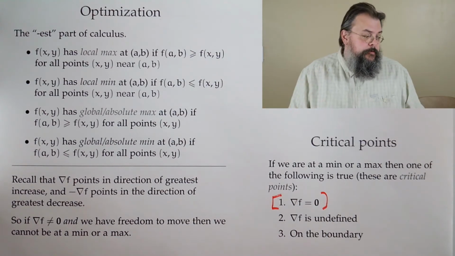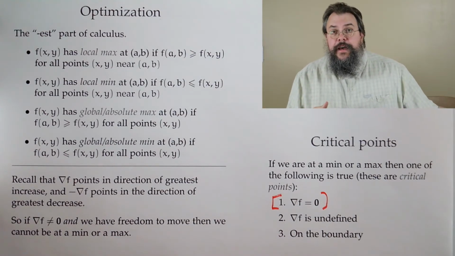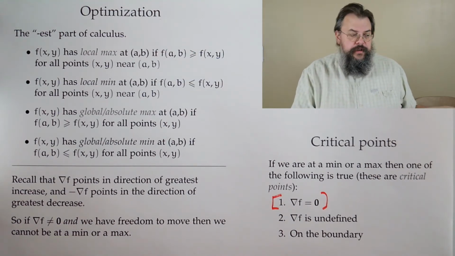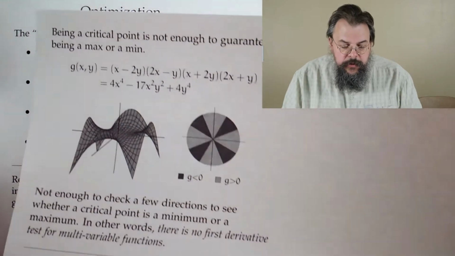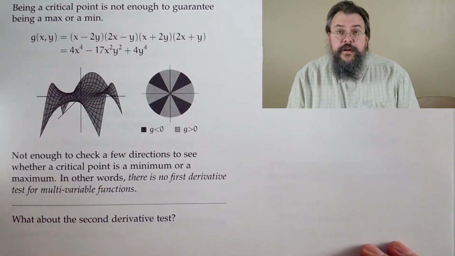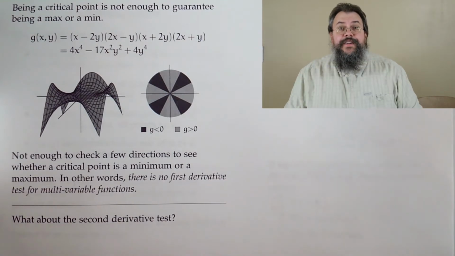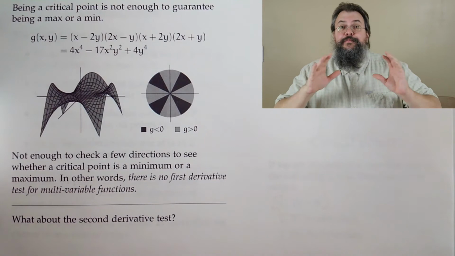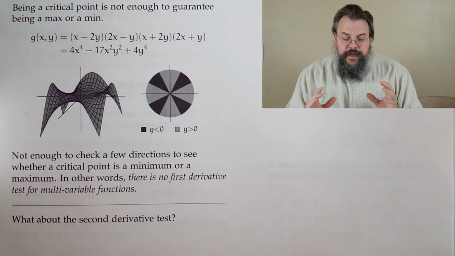We've seen that before. So we started thinking about ways for us to figure out what kind of point it is. And we have to be careful. It turns out that just because you're a critical point, it doesn't mean you're a max or a min. So you can be a critical point, but not be a local max or a local min.